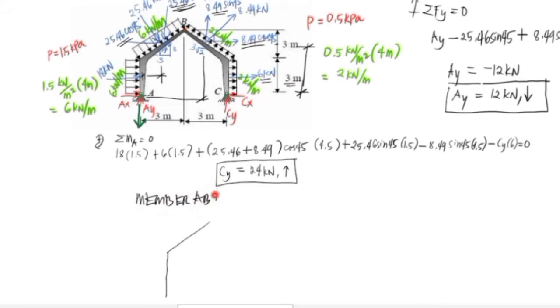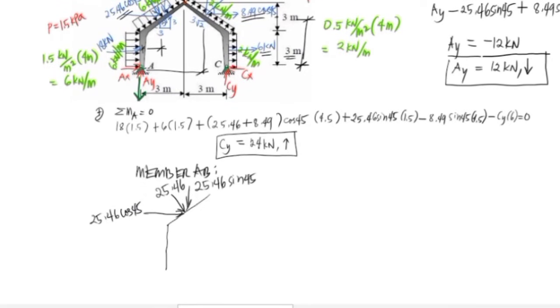For the member AB, we have here the resultant of 25.46 kilonewton and the components, which is 25.46 sine of 45 and 25.46 cosine of 45 degrees.